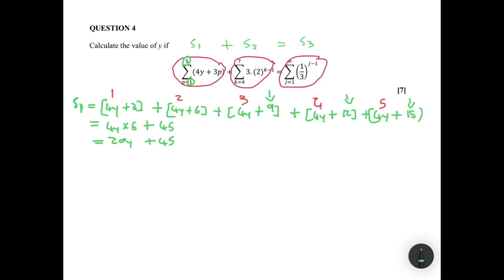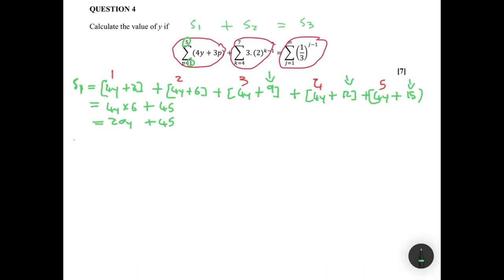Now we can move ahead and calculate our second sum, right? You should realize now that this question is not that difficult. It just looks scary. So the first term, right? We substitute in k is equals to 4 until we get to 7. So we're going to have 3 multiplied by 2 to the power k minus 1. So we have 4 minus 1, and then let's move to the second term. Plus, again, 3 multiplied by 2 to the power, now we have 5 minus 1, right?